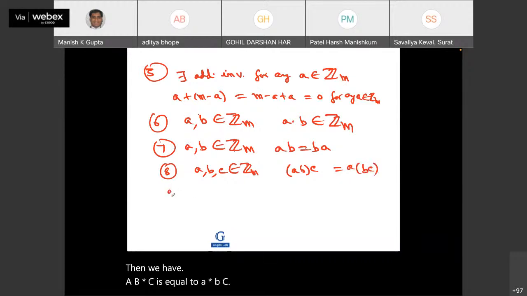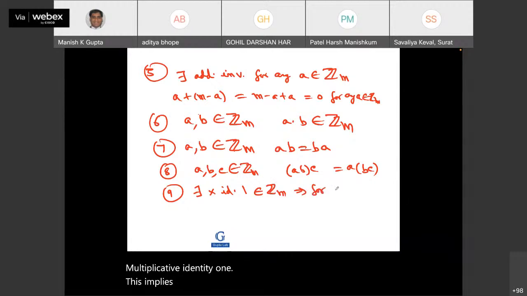Ninth, there exists a multiplicative identity 1 in Zm. This implies that for any a in Zm, a times 1 is equal to 1 times a is equal to a.